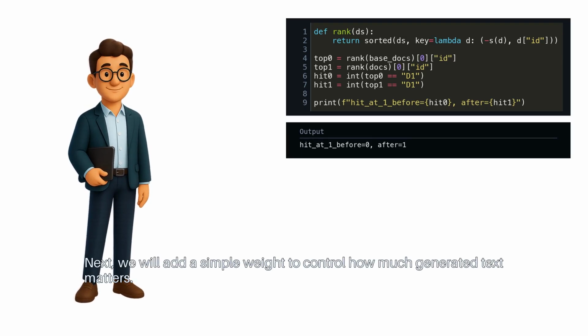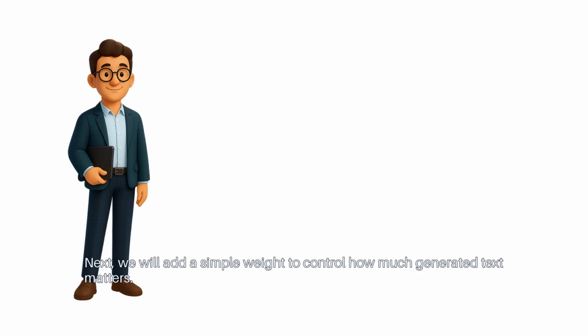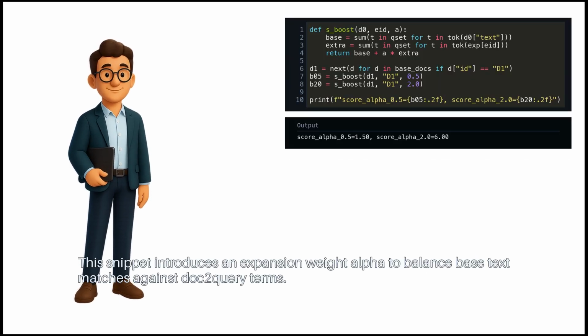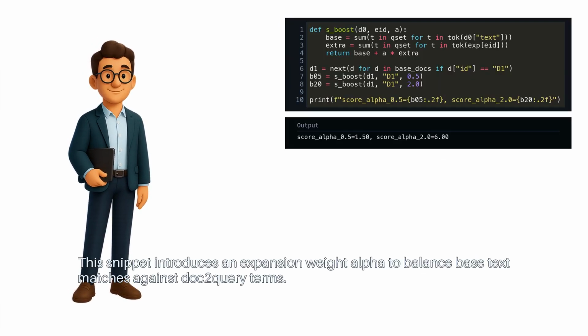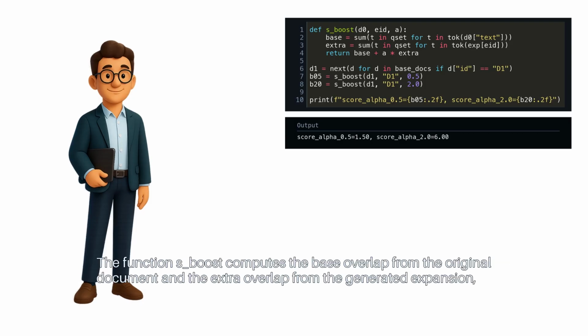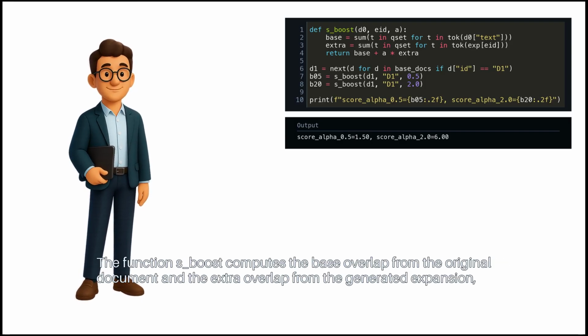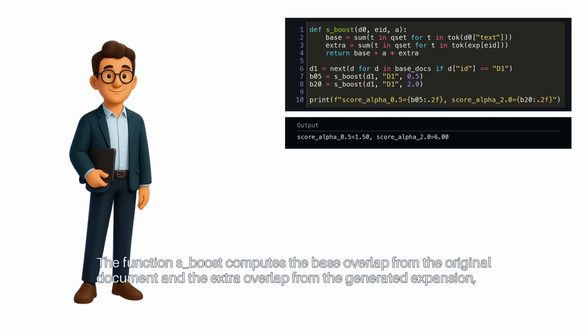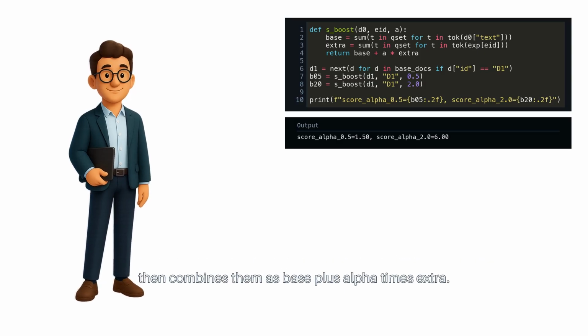Next, we will add a simple weight to control how much generated text matters. This snippet introduces an expansion weight alpha to balance base text matches against doc2query terms. The function sBoost computes the base overlap from the original document and the extra overlap from the generated expansion, then combines them as base plus alpha times extra.